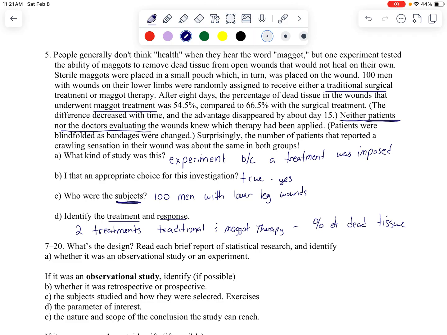A single blind would be just if the individual did not know, for example, whether I received a cholesterol pill or a sugar pill. If I, as the individual, don't know which treatment I got, that's single blind. And lastly, if I think that I got the treatment and I react differently, that is called the placebo effect.